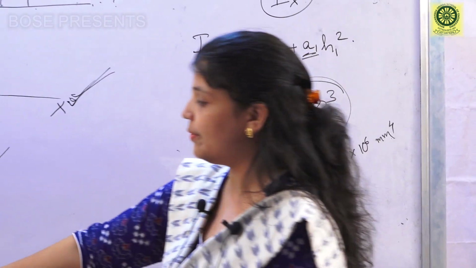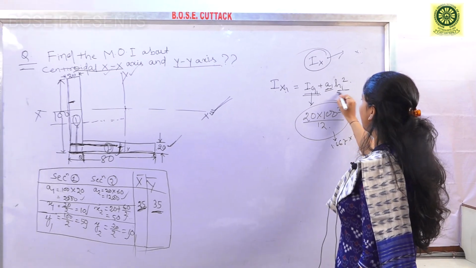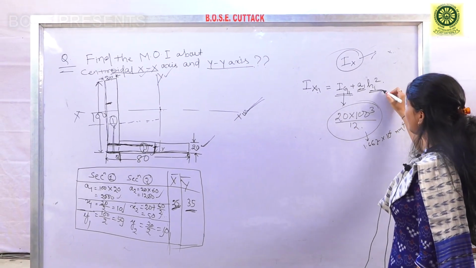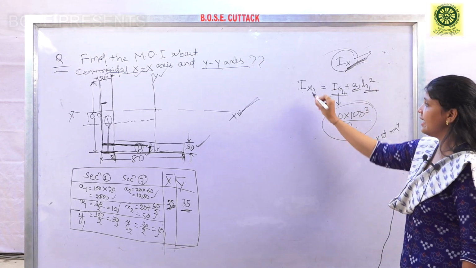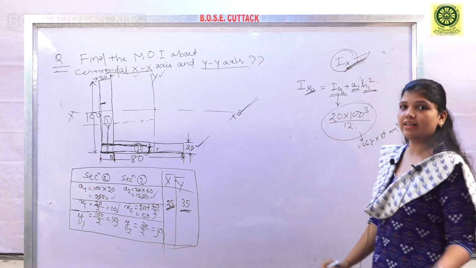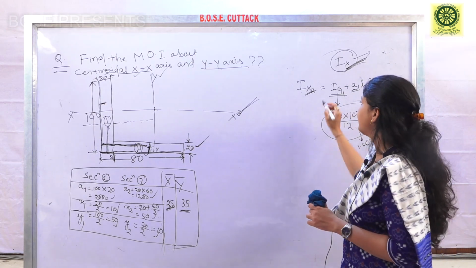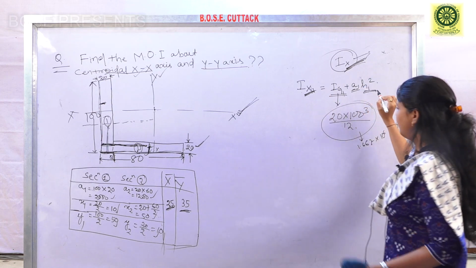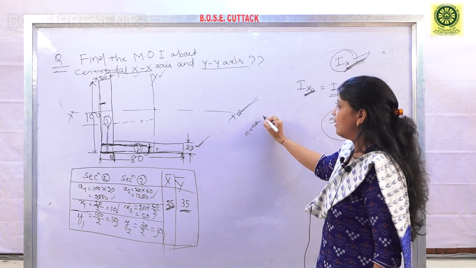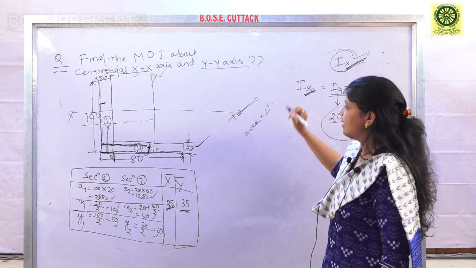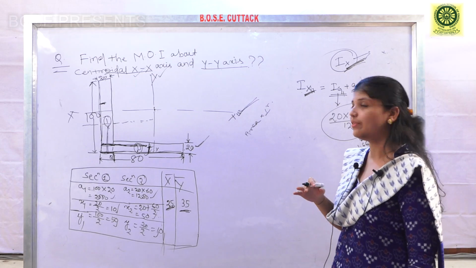Now come to A1. A1 we have already found, that is the area of section 1. Now come to H1. Since we are calculating Ix1 here, it is the moment of inertia about the centroidal x-axis. The moment of inertia involves the product of area and the perpendicular distance from the axis about which we are finding the moment of inertia.